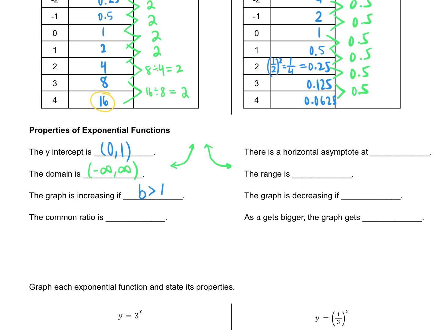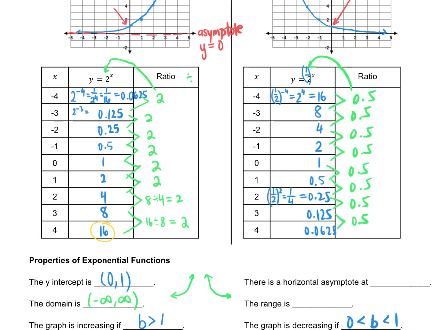And that's because that base is the number that is getting repeatedly multiplied. So if I'm multiplying by 2 or 3, I'm going to make the number bigger. But if I multiply by 0.5, a third, a quarter, I'm going to make my number smaller, which means when our base is less than 1 but greater than 0, we're going to have a decreasing function. Now, the horizontal asymptote.